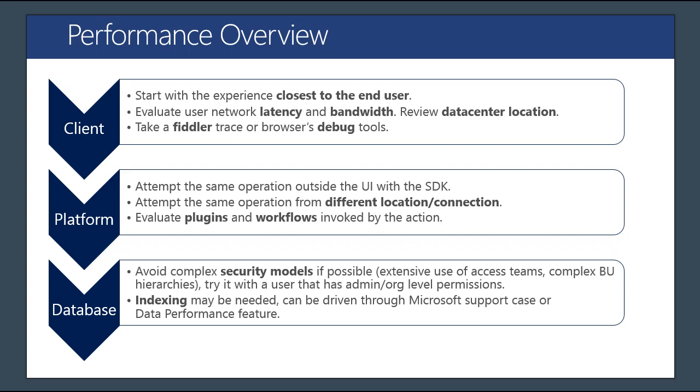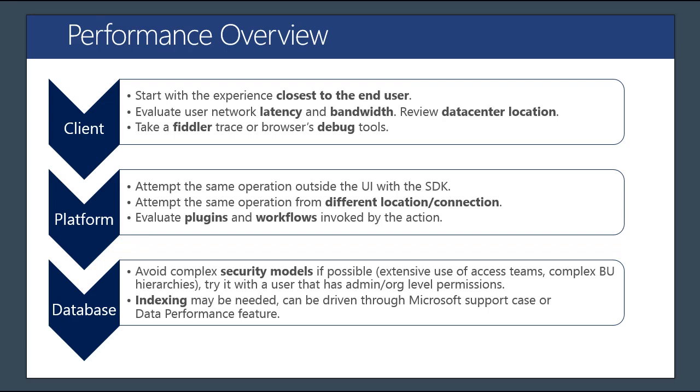And then we look at the database. For the underlying database, I think some of the key bottlenecks that we have seen are related to security models. If you're creating security roles, let's say you have 200 security roles within your system and a very, very complex security requirement where you're assigning 20 different types of security roles to each of these users, then the computation that happens in the backend whenever a user is accessing or even trying to read a record is really complex.